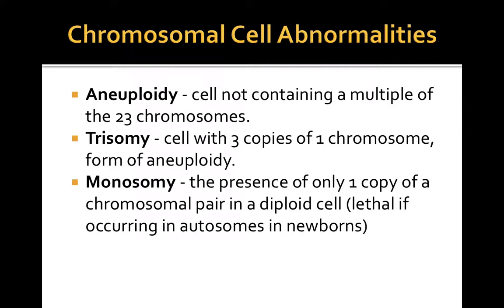And monosomy is the presence of only one copy of a chromosomal pair in a diploid cell. This is lethal if it occurs in autosomes in newborns. In general, loss of chromosome material has more serious consequences than the duplication of chromosome material.